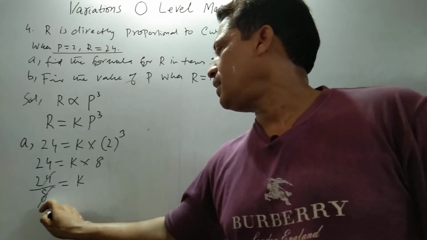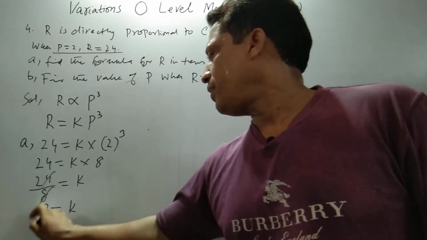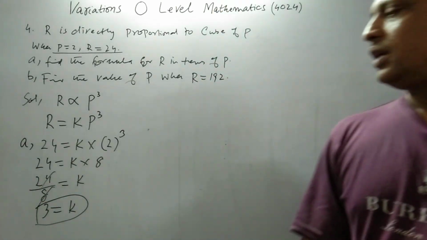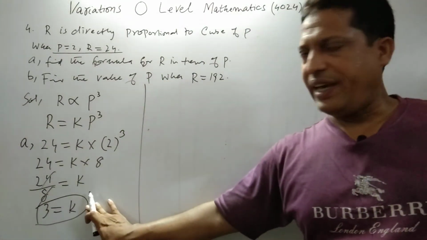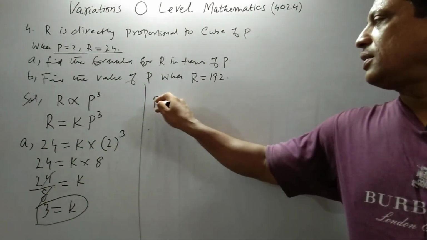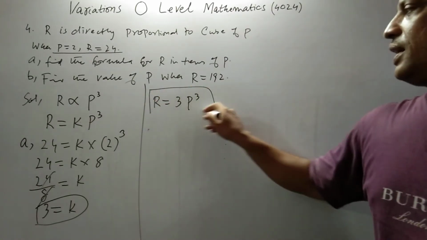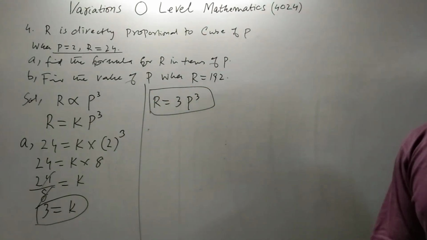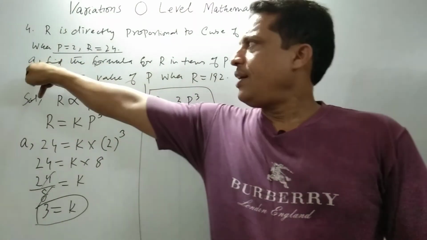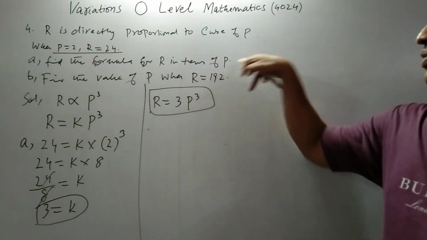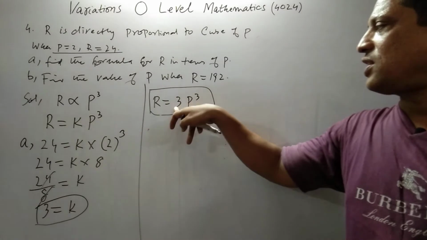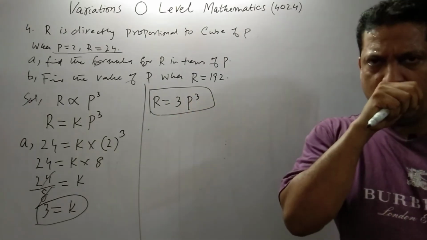K is 24 divided by 8, which is 3. So put the value of K in this given relation. This is the final formula, the requirement of part A. Find the formula for R in terms of P. So the formula is R is equal to 3P cube.